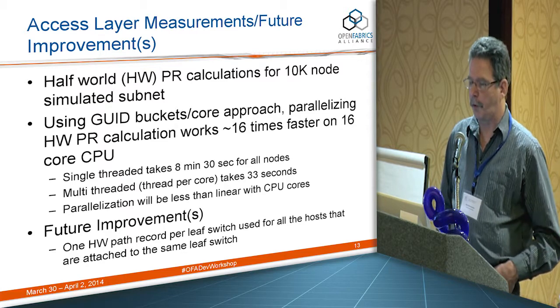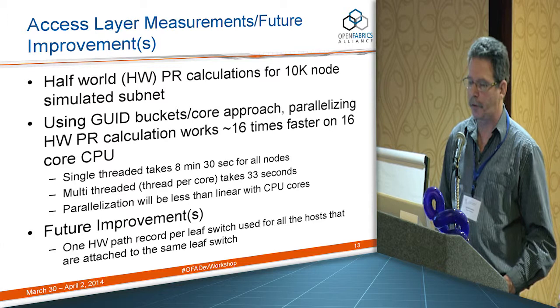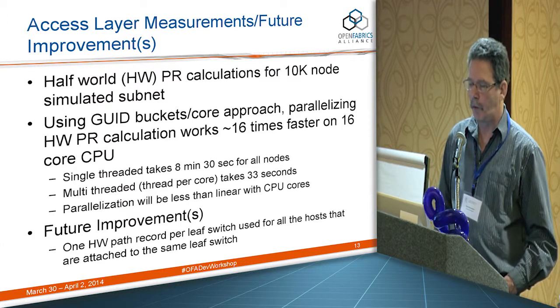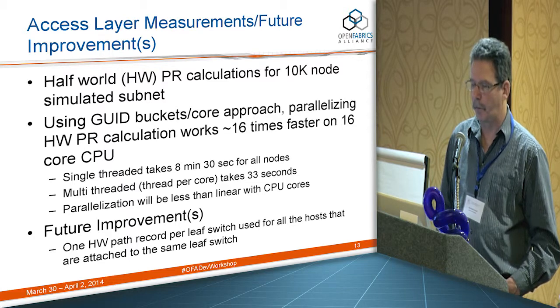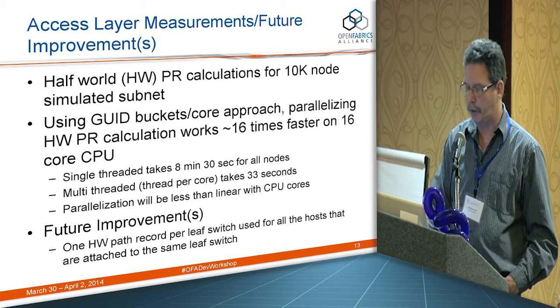We've looked at this on a 16-core machine, and we've seen that multi-threaded it is almost linear. It's not going to be quite linear. We have some ideas on how to improve it to make it even faster.